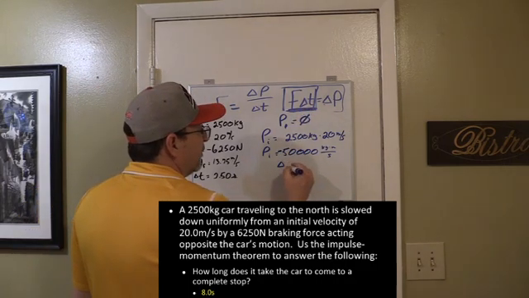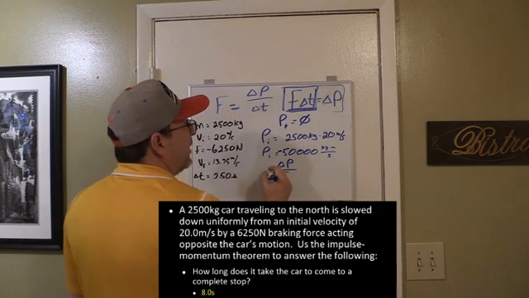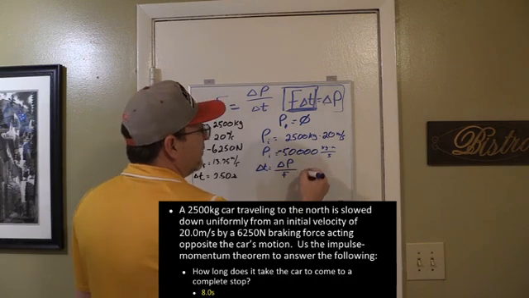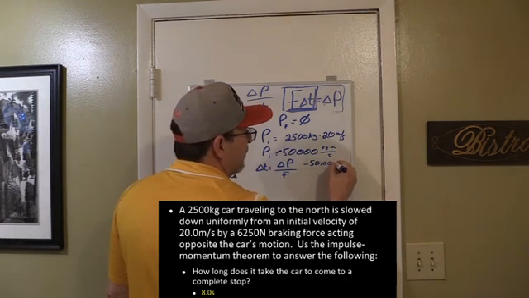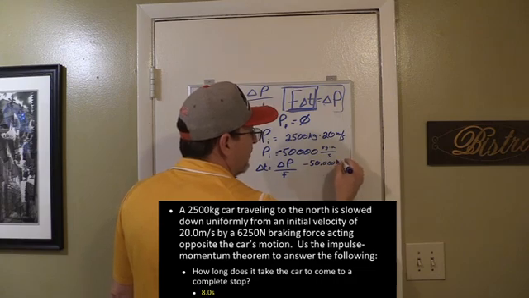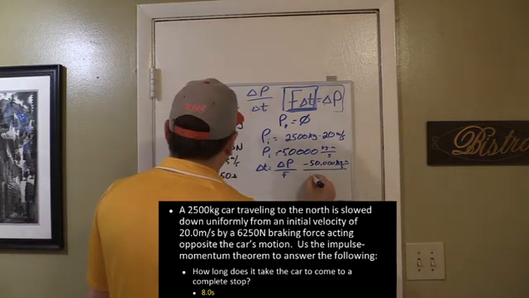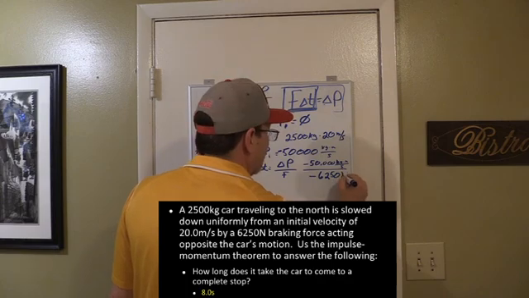So it's going to be change in momentum over force, and that's going to equal my change in time, right? My change in momentum, of course, is going to be negative 50,000 kilogram meters per second, divided by the force, which was a negative 6,250 newtons.